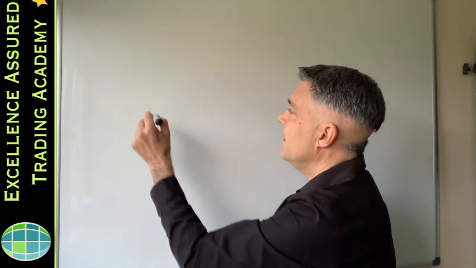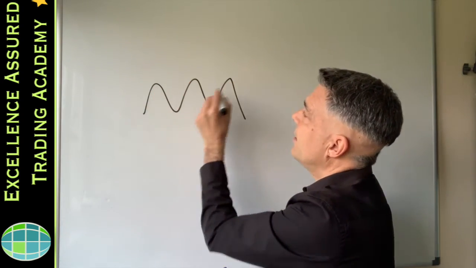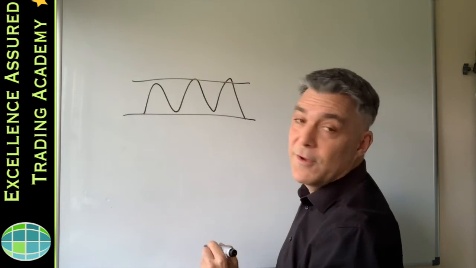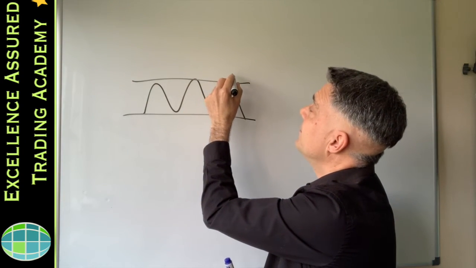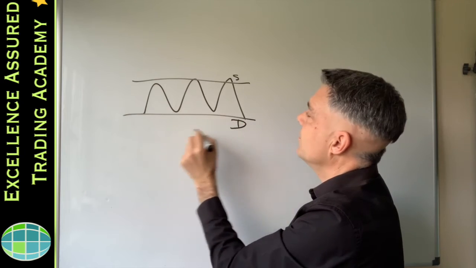Okay, so I'm going to talk you through some price action now. Price action trading is what I do. I'm going to talk you through some price action to help you understand this concept in a bit more detail. The idea behind trading tops and bottoms is to take advantage of natural discrepancies in supply and demand. So if the market is doing this, then you've got supply at the top and you've got demand at the bottom.